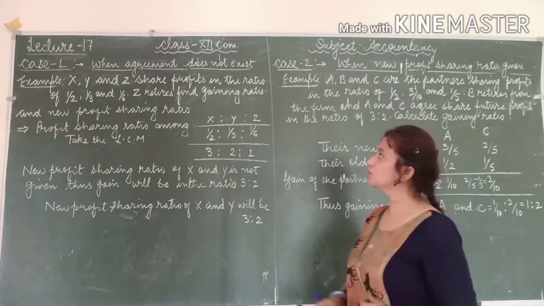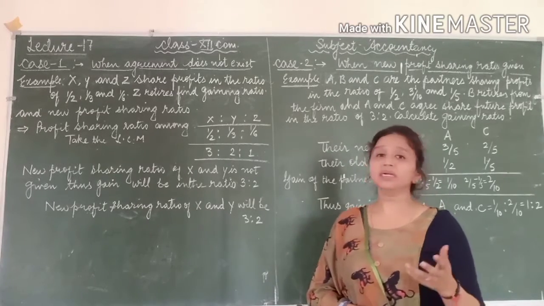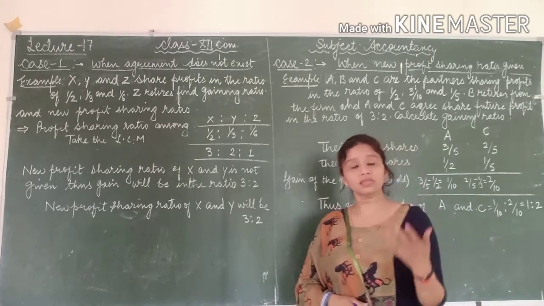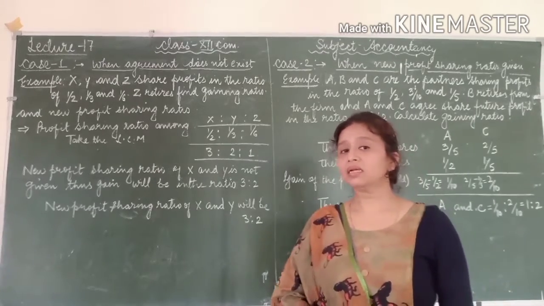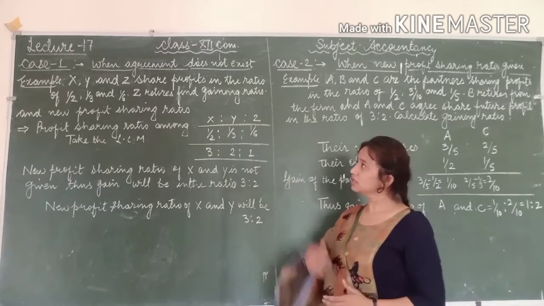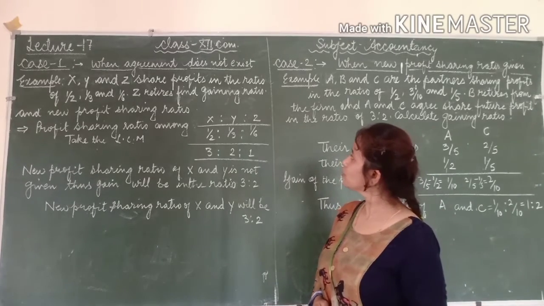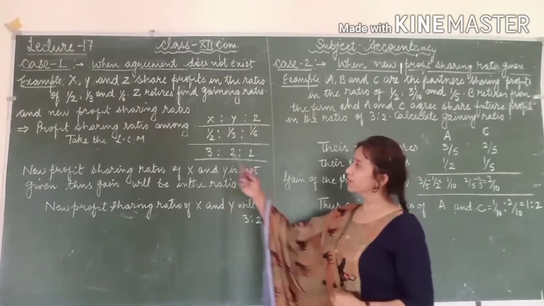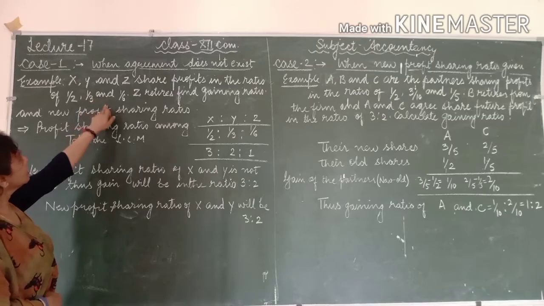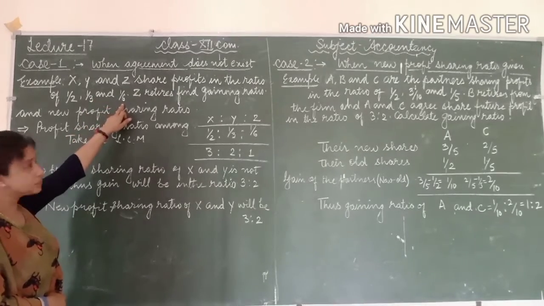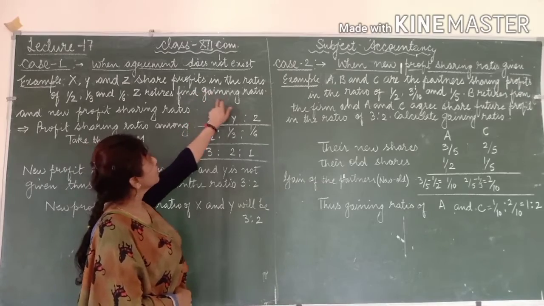So in the first case, as we already discussed, when the agreement does not exist and the new profit sharing ratio is not given, how will we calculate? See, the example: X, Y and Z share profits in the ratio of 1/2, 1/3 and 1/6. Z retires, find the gaining ratio.